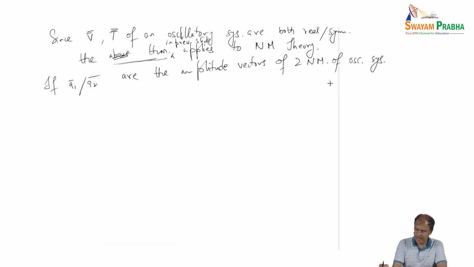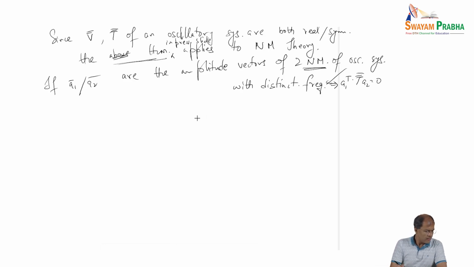Then we see that they will have distinct frequencies. If they are the amplitude vectors of two normal modes with distinct frequencies, then we expect that the normal modes are mutually orthogonal with respect to the T matrix, right?